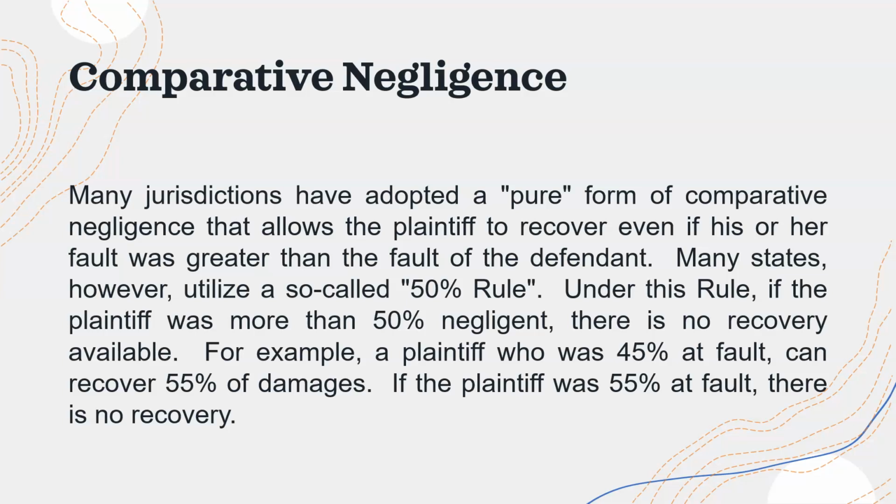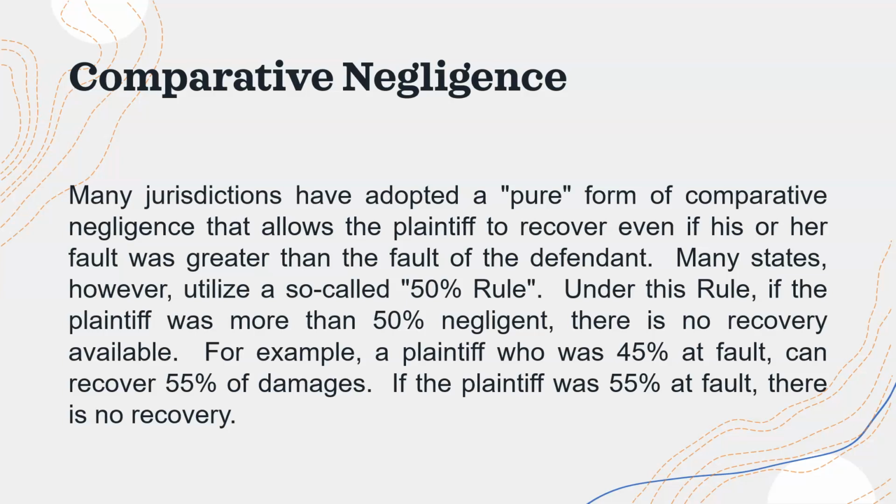And they arrive at the sum of $100,000 as a verdict. Now, under this example, a plaintiff who is 45% at fault can recover how much in terms of that $100,000? 55%.